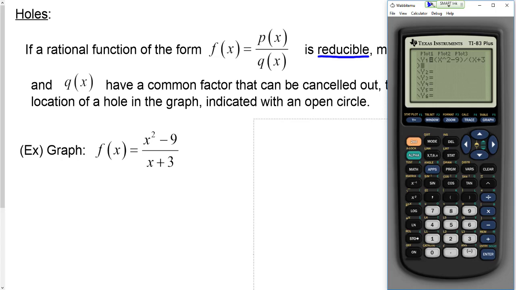Many students have answers like, well, maybe some sort of parabola because they see the squared term in there. Some, from the last slide, may be thinking there should be an asymptote at negative 3. And these are great intuitive guesses.